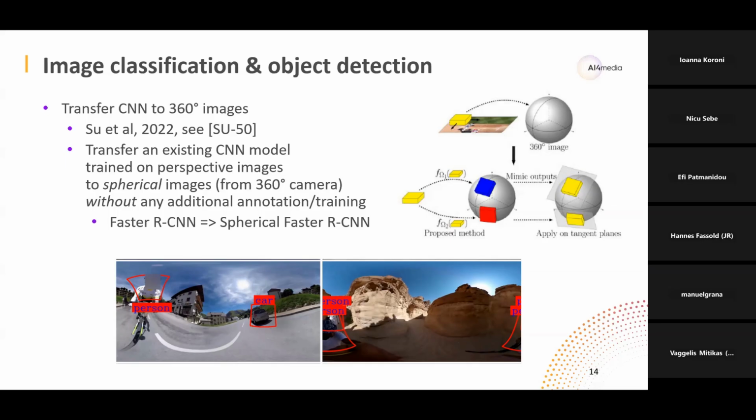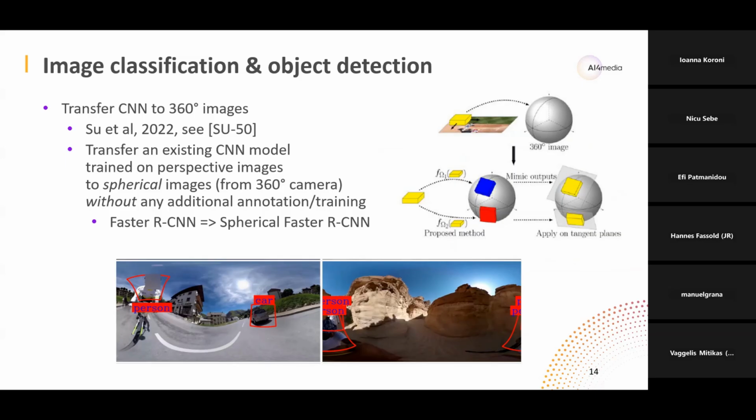So transferring an existing CNN which has been trained on normal, let's call them perspective images, to spherical images, but we don't want to do an additional annotation or an additional training step. They have proposed an imitation learning approach where they are mimicking the outputs of the CNN model on the perspective images.